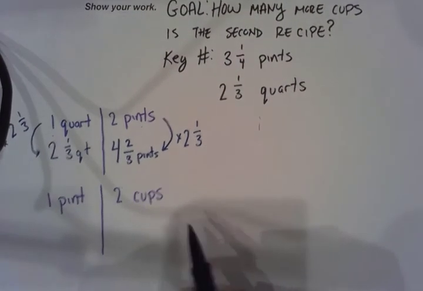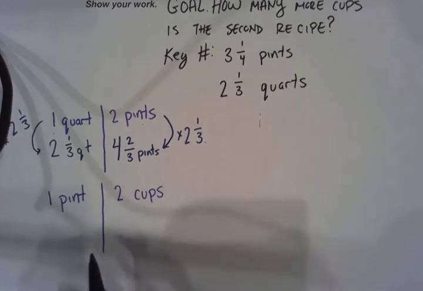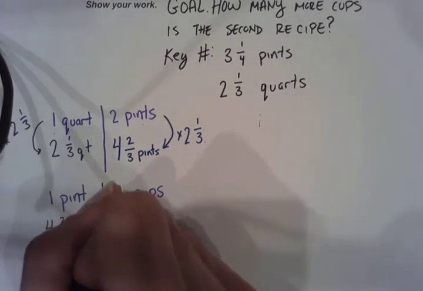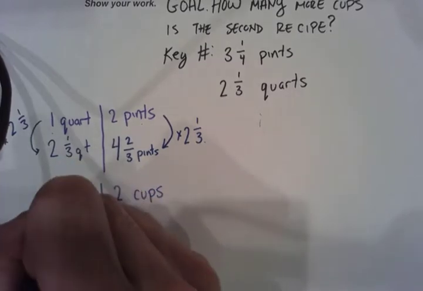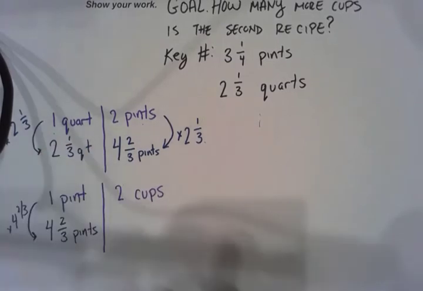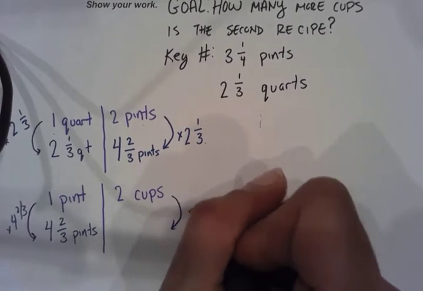So now we need to convert our pints into cups. So 1 pint equals 2 cups. So we have 4 and 2/3 pints. I know 1 times 4 and 2/3 equals 4 and 2/3. And what you do to one side, you do to the other.